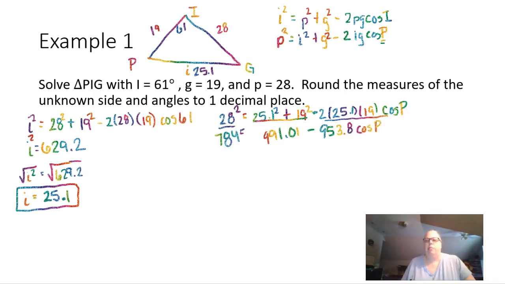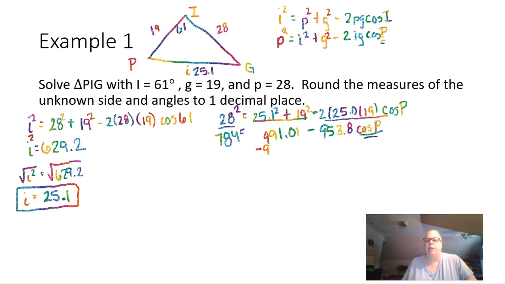And here's what I get from figuring out each of these three things. 28 squared is 784. 25.1 squared plus 19 squared gives me 991.01. And then 2 times 25.1 times 19 is going to give me 953.8. And because the variable is located right here, we're not actually able to combine these two terms. They are not like terms.